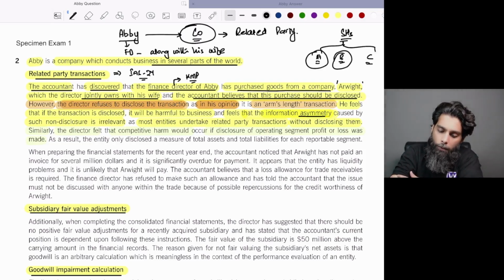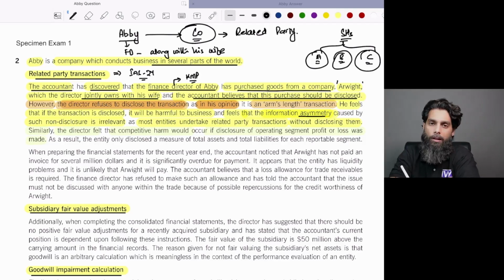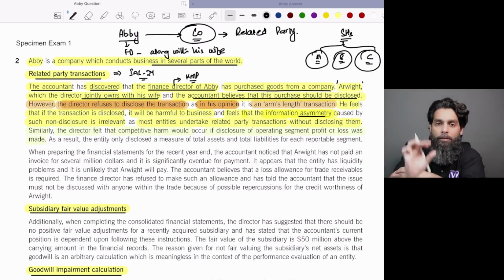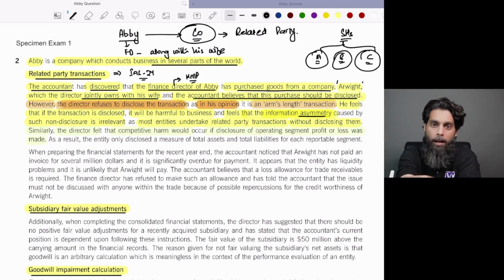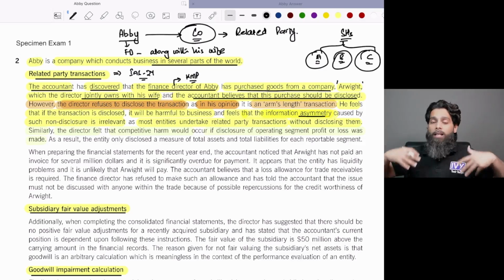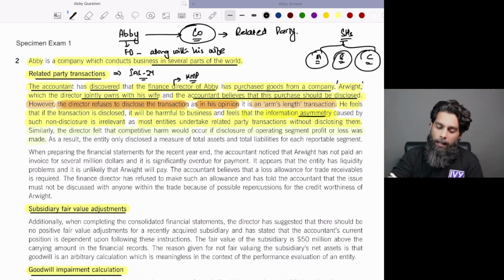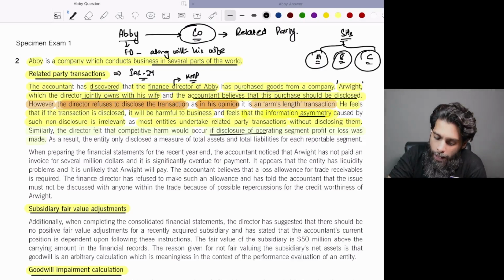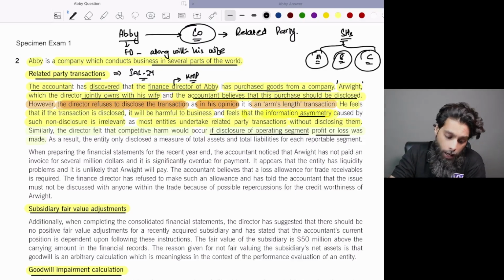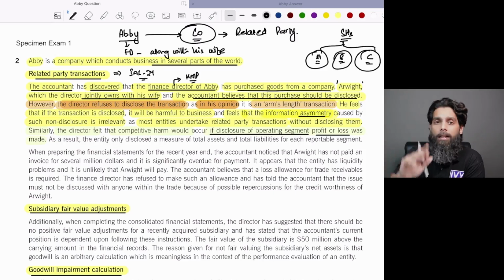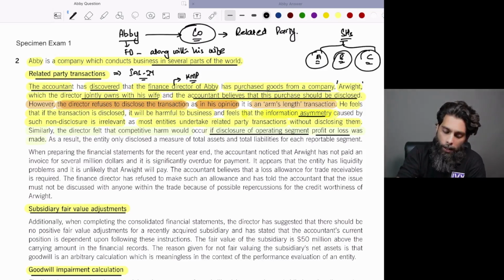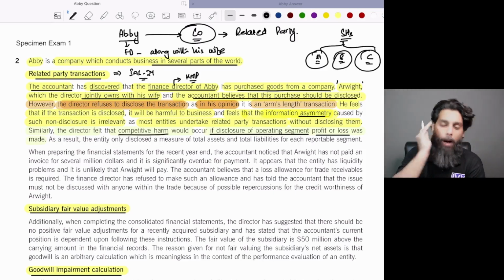This type of information will help your investors in making their financial decisions on a more informed basis. But your finance director, who feels he is a very good finance director, is saying that we should not be providing this disclosure of operating segment for the purpose of profit or loss, because if we provide such a detailed disclosure, it will give us competitive harm.